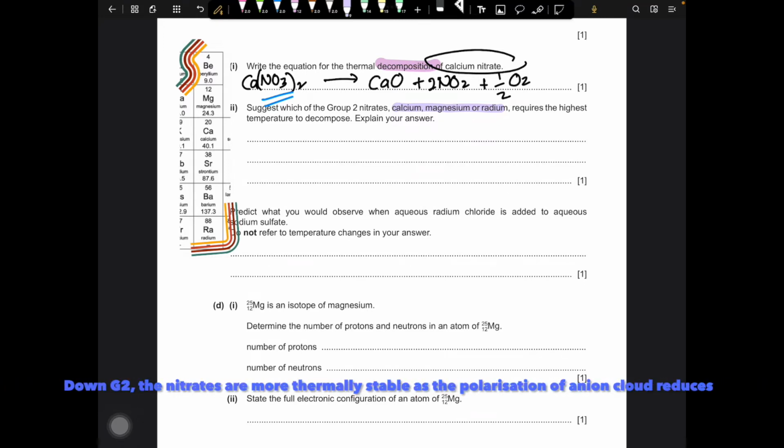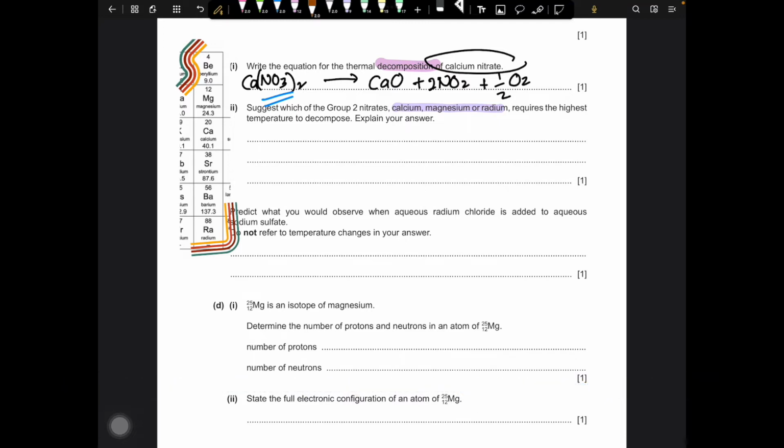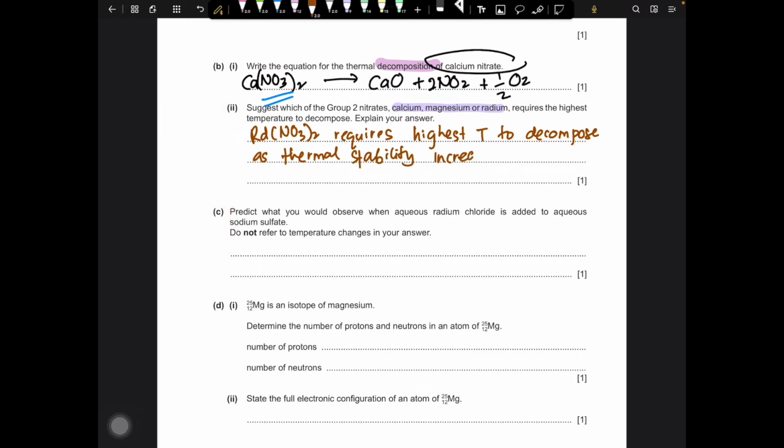It means that it will require a higher temperature down the group to decompose, due to less polarizing by the cation. So radium nitrate in this case will require the highest temperature to decompose, as down group 2 the nitrate compounds become more thermally stable.